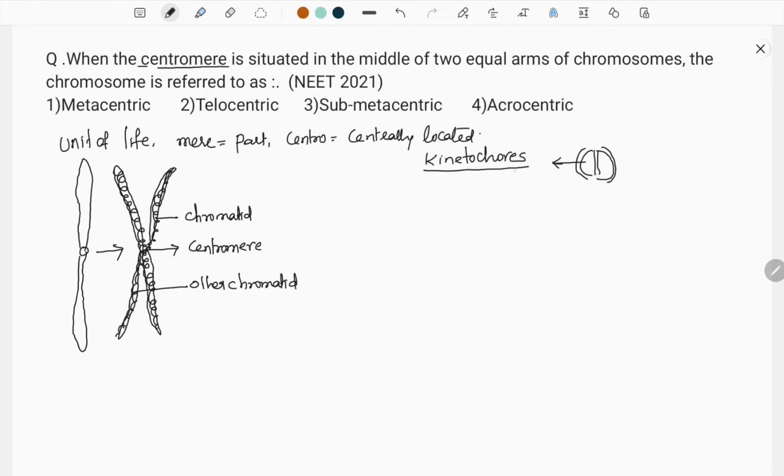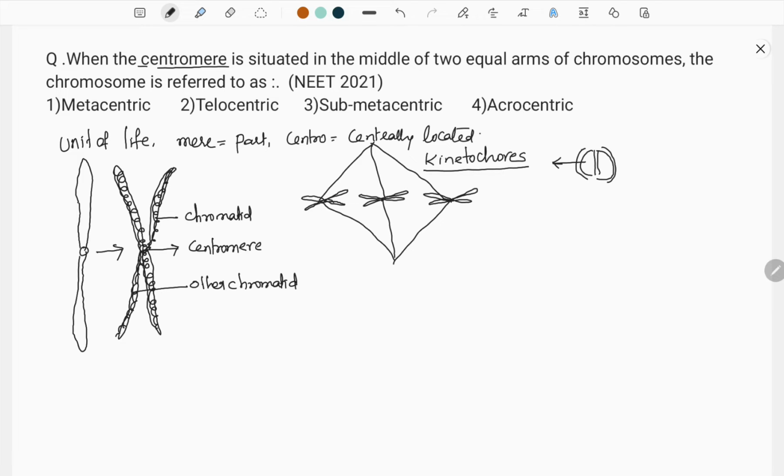So what is the functional significance of this centromere? During cell division, we know that there is prophase, metaphase, anaphase, telophase. During that, especially during the metaphase, spindle fibers are attached to the centromeric part of the chromosome.